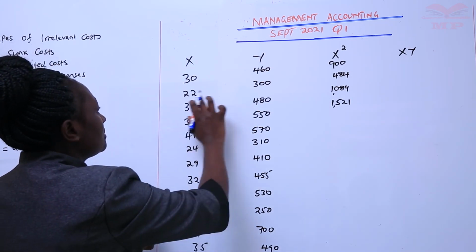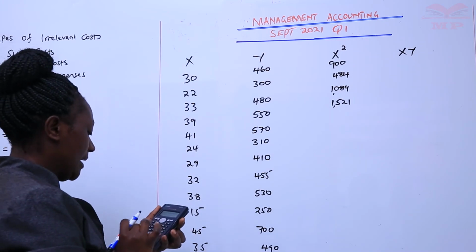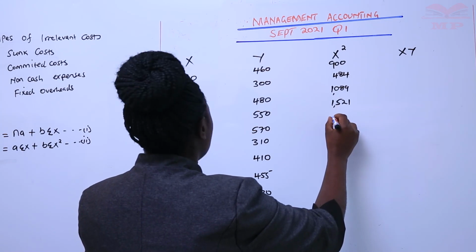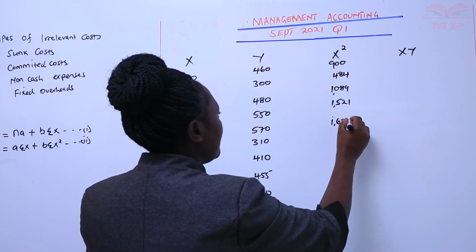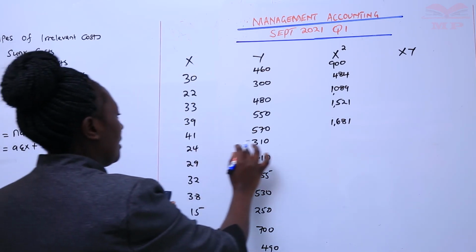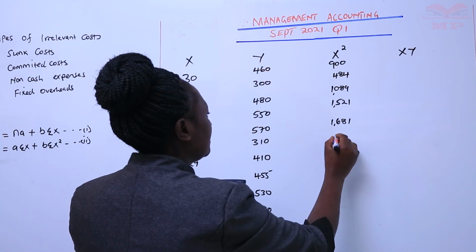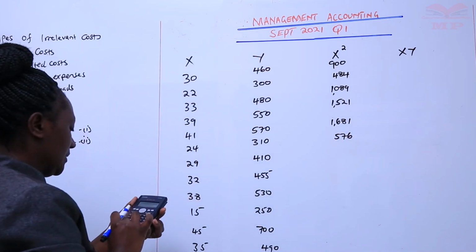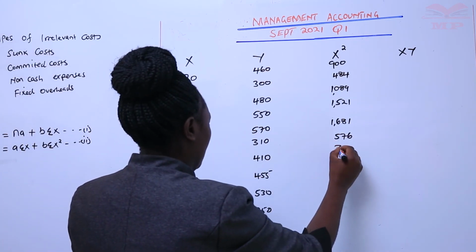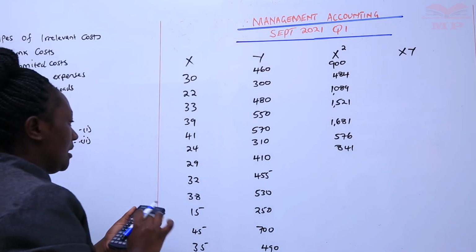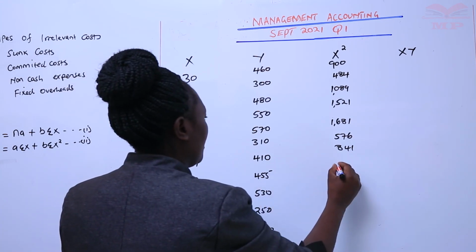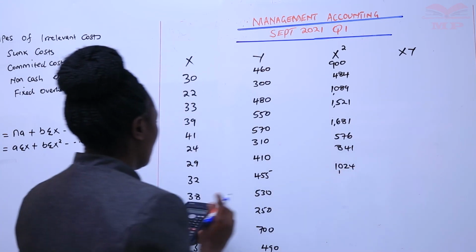Then we have 41 squared. This will give us 1681. Then 24 squared, which will give us 576. 29 squared will give us 841. 32 squared will give us 1024.